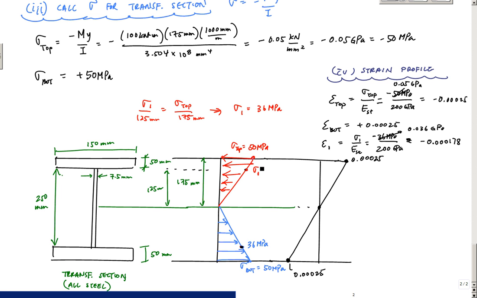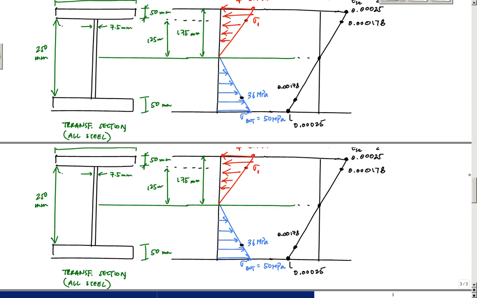And then the strain where the material transitions from one to the other is 0.000178 strain. I would have the same value wherever I transition on the tension side, this 0.000178 strain.